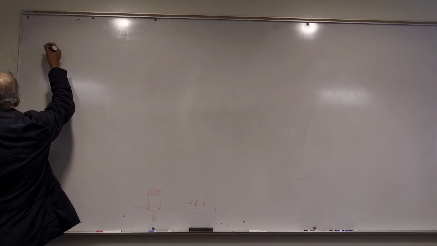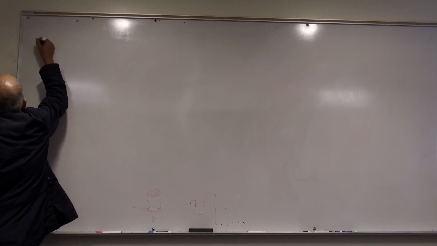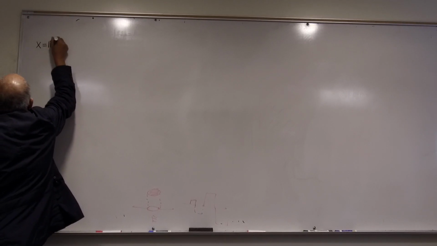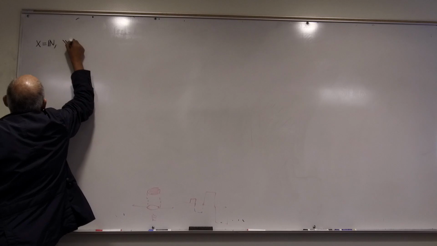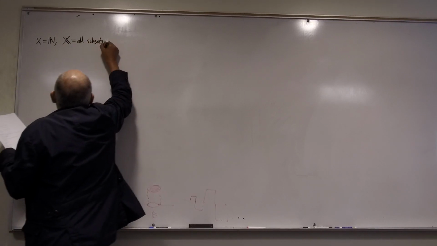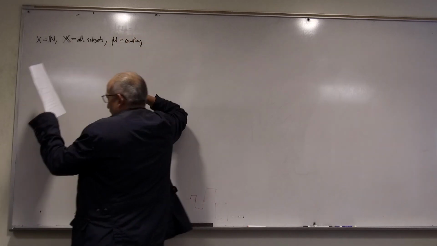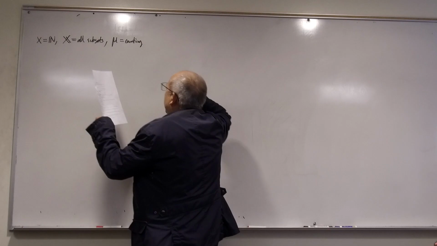This is an if and only if. So you know x equals the naturals. These naturals are all subsets. Mu is the counting measure. What else? That's it.